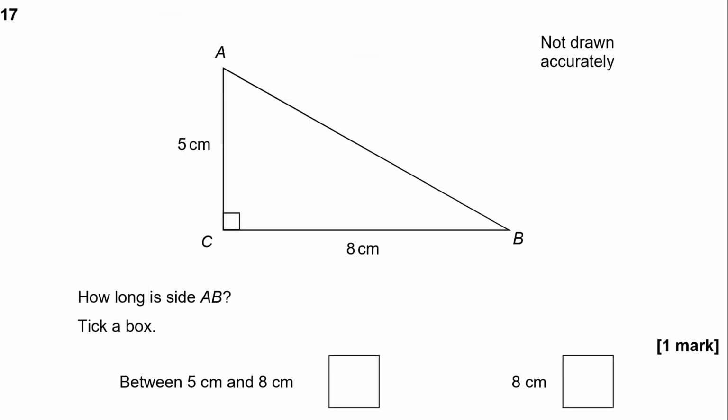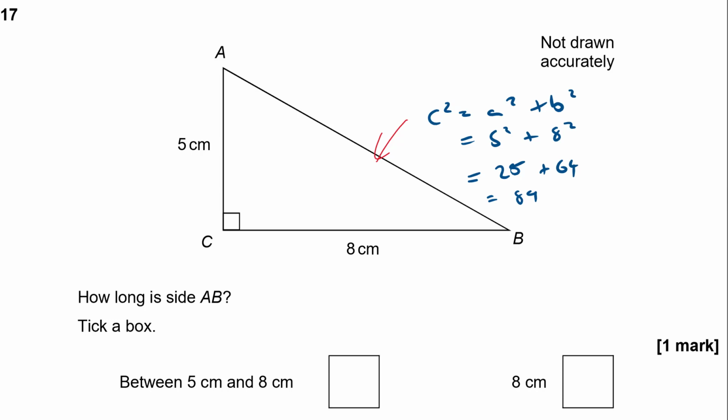Question 17. How long is side AB? Now, side AB is the hypotenuse in a right-angled triangle. So we could work it out using Pythagoras' theorem. This side here is going to be c squared. c squared equals a squared plus b squared, which is 5 squared plus 8 squared. 5 squared is 25, 8 squared is 64, adding them together, that's 89, isn't it?